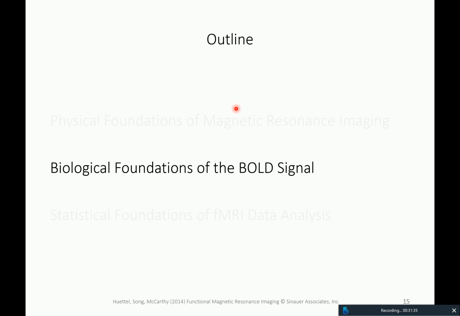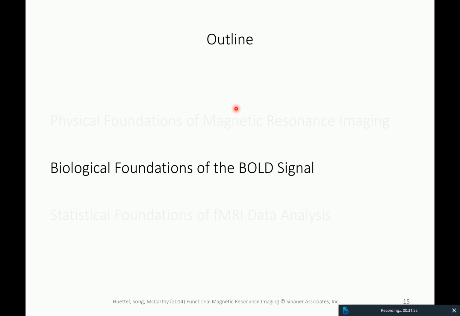I think it has to do with the fact that it's more fascinating how magnetic fields can create images, whereas that some electrical activity can be recorded, although I have no idea how that works, doesn't seem to be that fascinating. So we will talk a little bit more about the physics than in EEG.